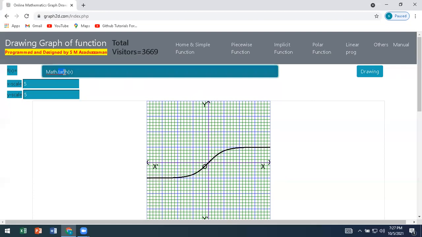For the cos hyperbolic x graph, type Math.cosh of x, press the drawing button. And we also get the coordinate on the graph by mouse point click. Any point on the graph.